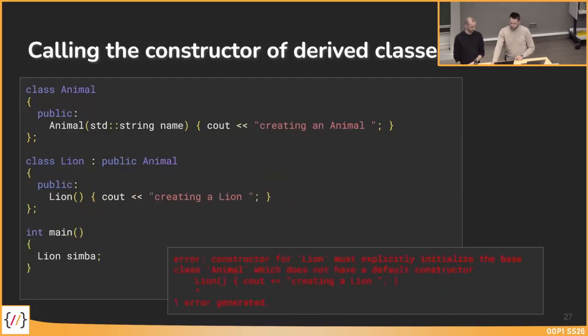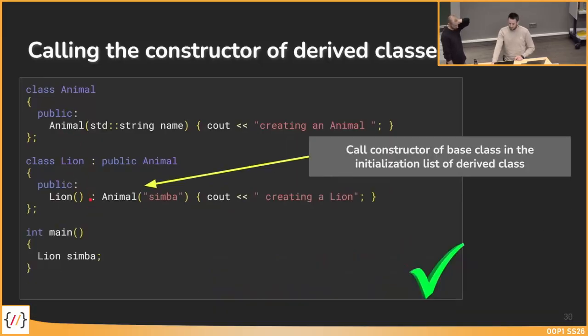This just works on its own if we have the default constructor in the base class. Otherwise, we always have to explicitly call the specific constructor of the base class in the initialization list. That's a very, very important concept. Any questions to this? Because it's kind of the basis of all what's coming next.